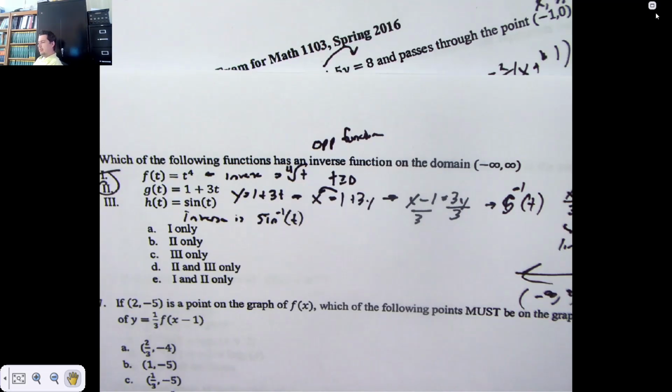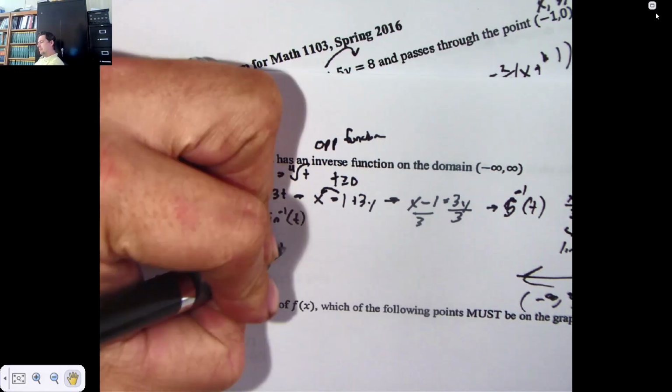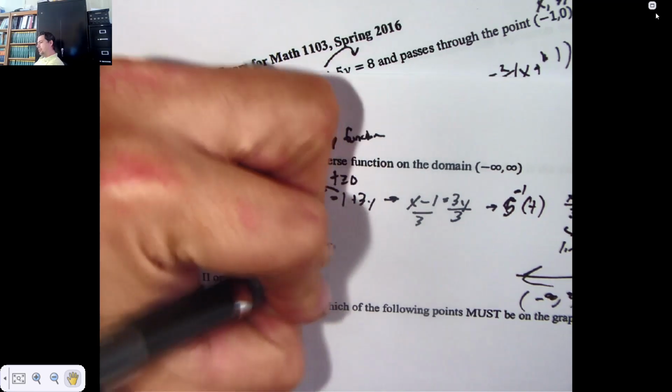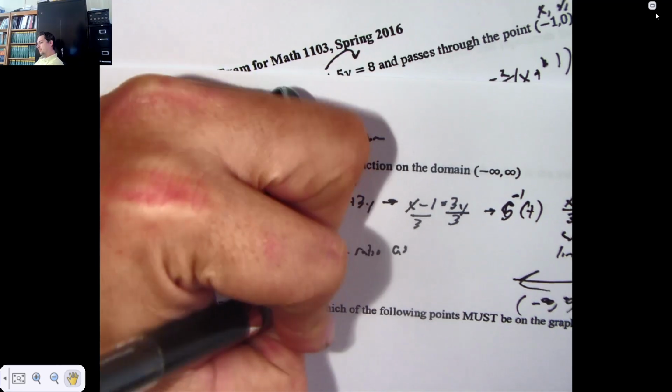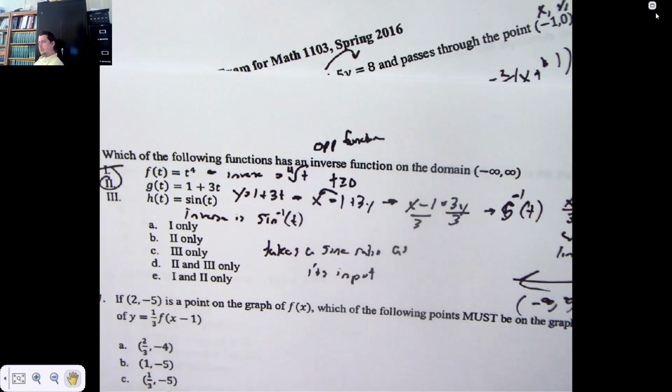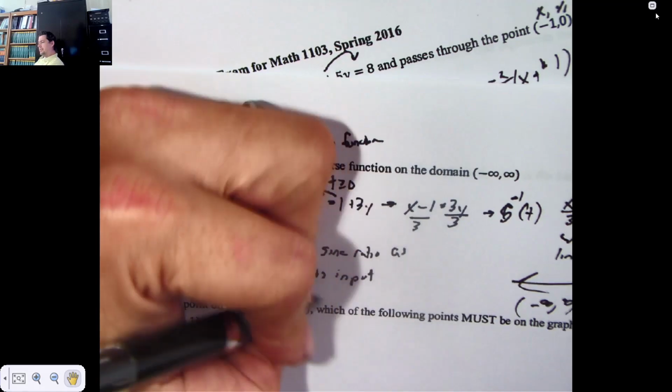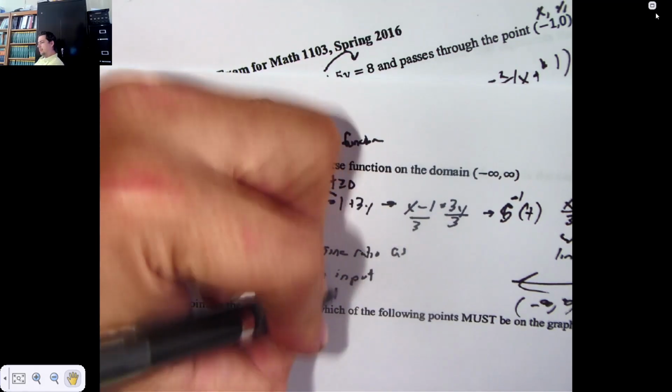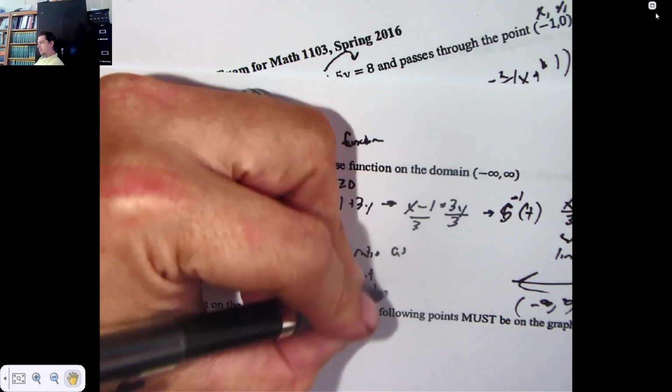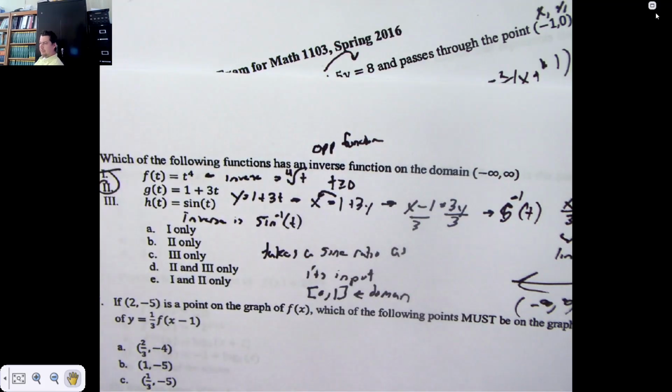Inverse sine can only return angles in quadrants 1 and 4. And the big thing is that it takes a sine ratio as its input, and a sine ratio is stuck between 0 and 1. That's its domain. So the only thing it could be would be choice 2, g sub t.